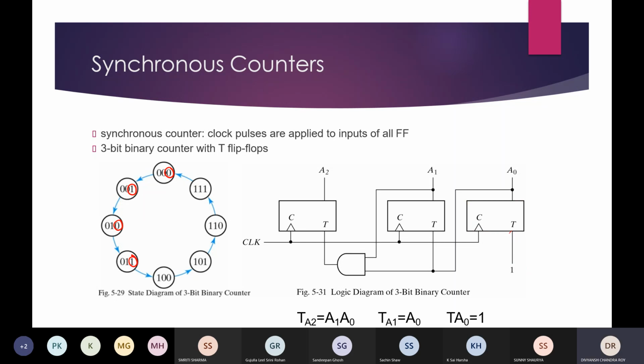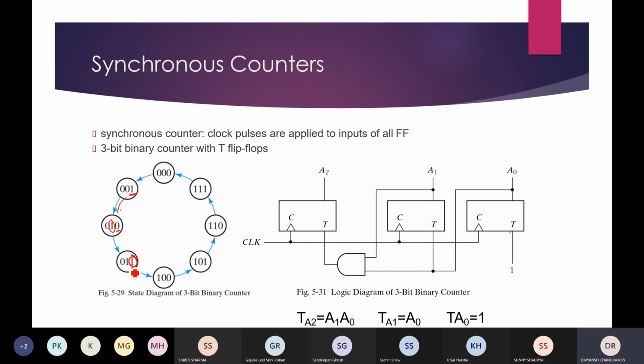Now if you see for the second bit, it simply toggles if the first bit is 1. Here the first bit is 1, then in the next cycle it is toggled, and here the first bit is 0, then this one will not be toggled.